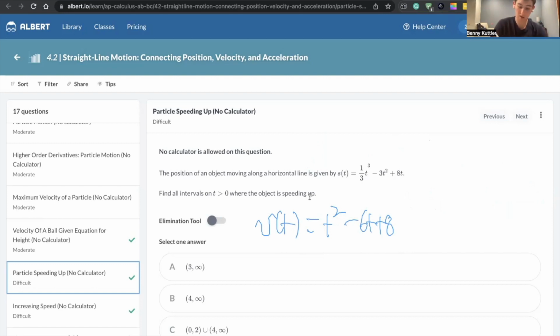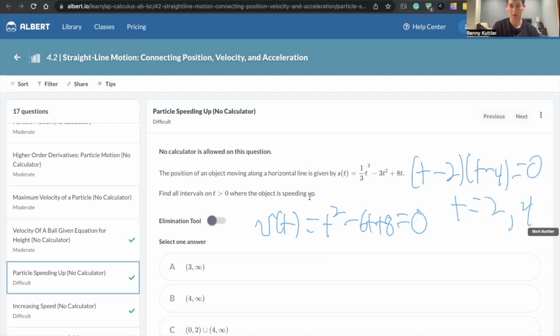So we want to find where this, since there's no denominator, it's not a fraction, this can't be undefined, so we're just looking for where this equals 0. So we can factor this as t minus 2 and t minus 4 equals 0. And we know we have zeros at t equals 2 and t equals 4.